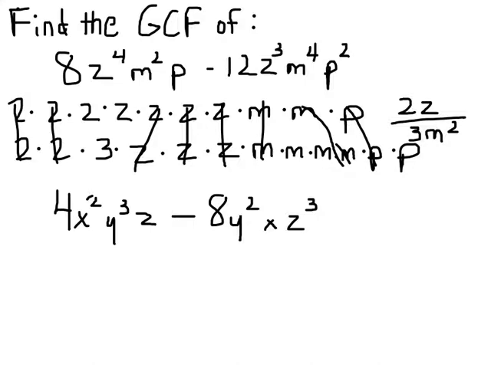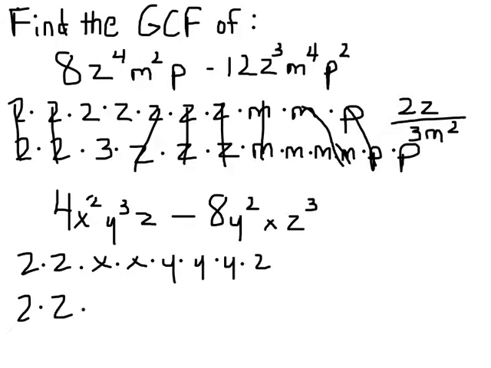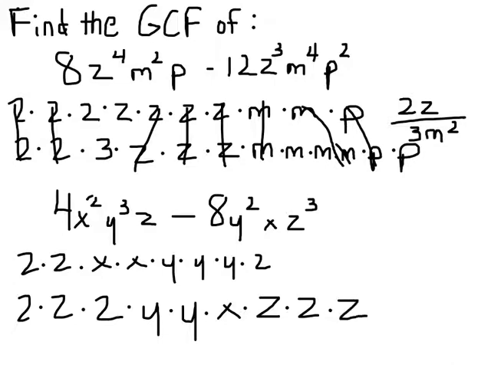Let's do this one. 4 is 2 times 2, x, x, y, y, y, z. And 8 is 2, 2, 2. My 2's and my z's look too much alike, don't they?